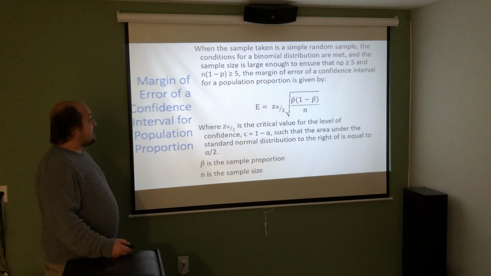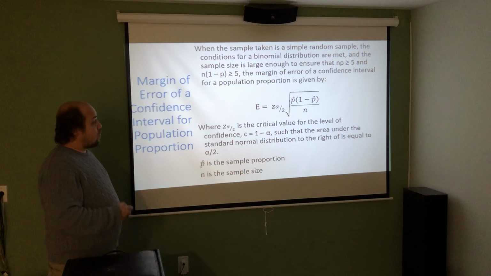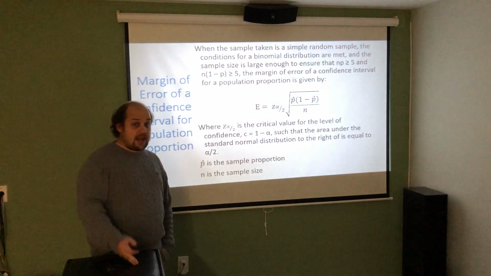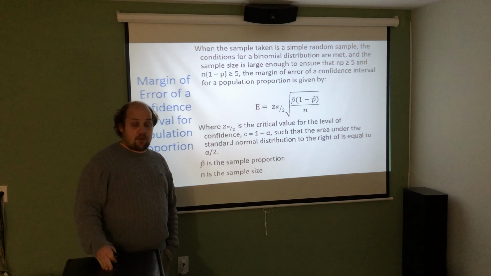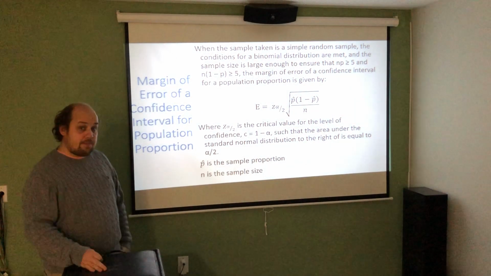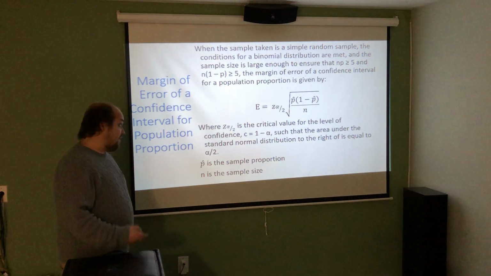So the idea is that when we find the margin of error for this situation, we still use a z alpha over 2 value that works the same way that it did before. For 90%, it's 1.645. For 95%, it's 1.96. For 99%, it's 2.575.